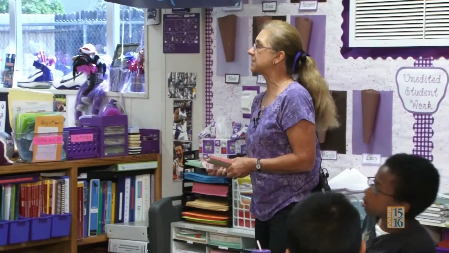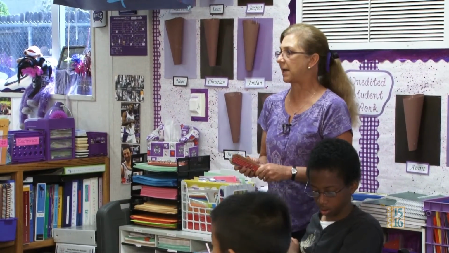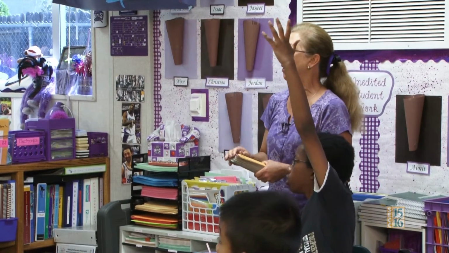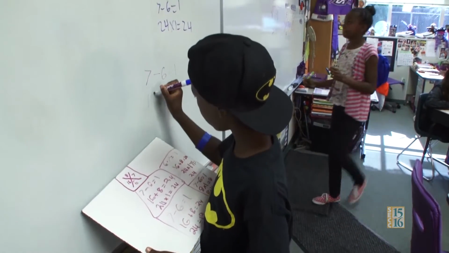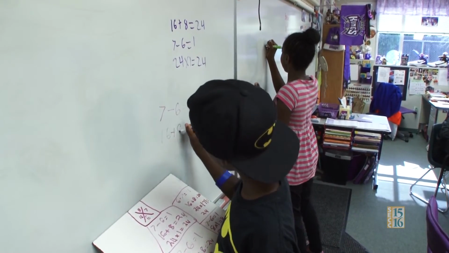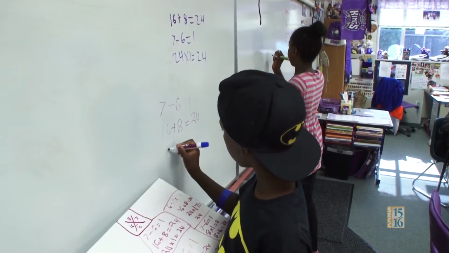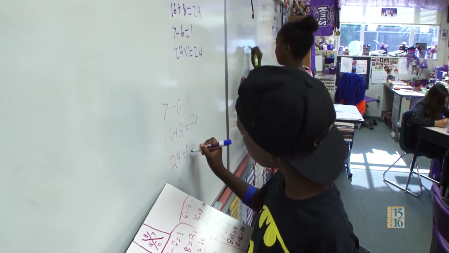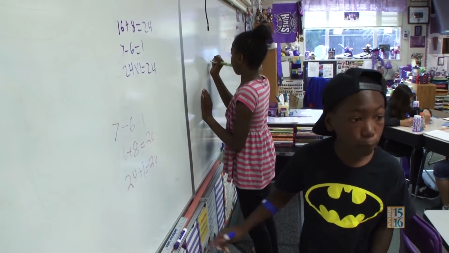Good job. I need someone who will put an exponent. Can I do the exponent? Jayla, go. No, Malcolm, you've got a job. Go. Exponent? There you go. That's the same thing. Division.